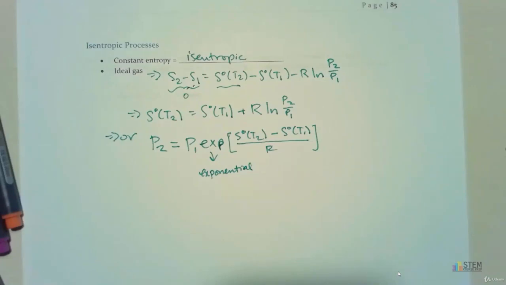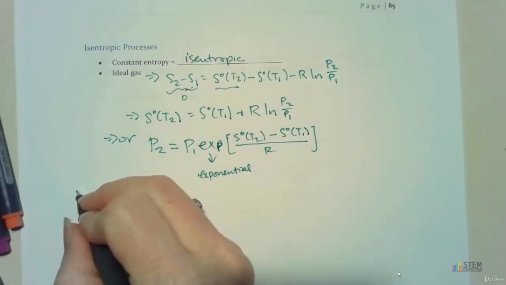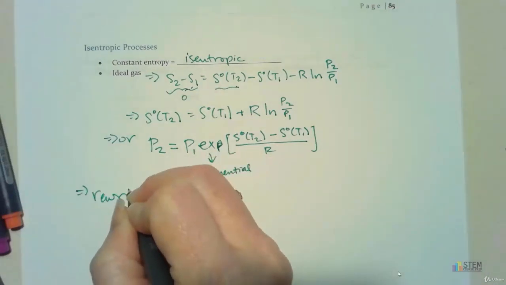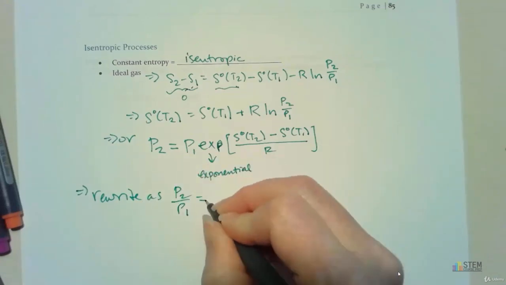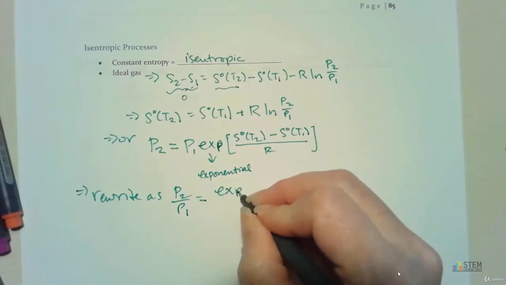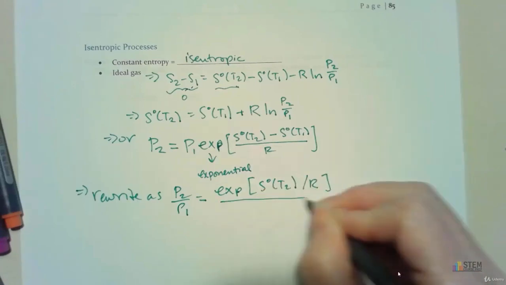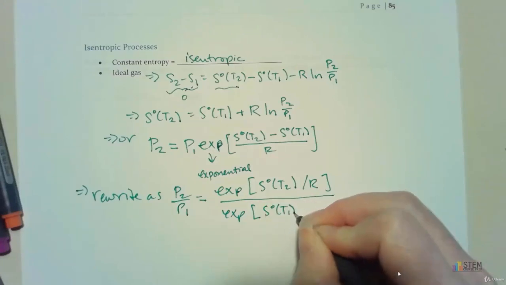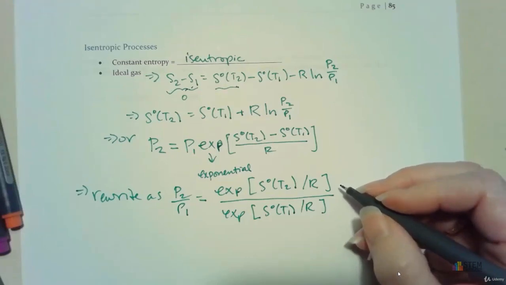Let's go ahead and rewrite this as P2 over P1. Notice here we've got these terms subtracted. So if we rewrite it as P2 over P1, then we're going to have the exponential of s degree at T2 divided by R over the exponential of s degree at T1 divided by R. So now you got that.